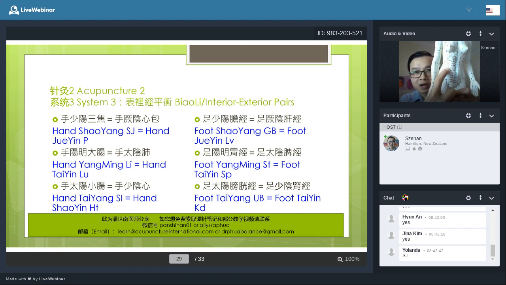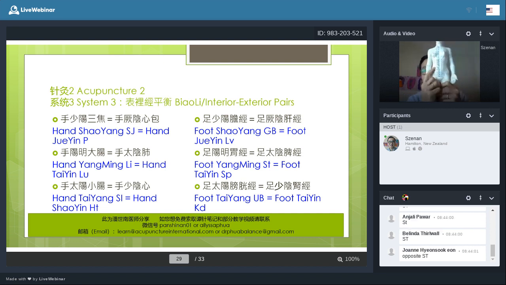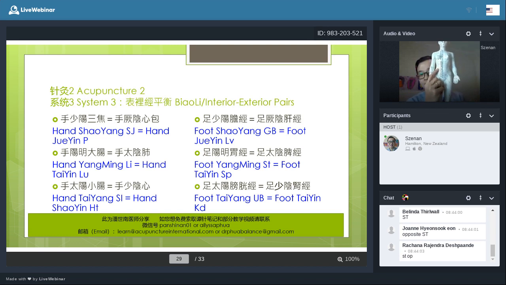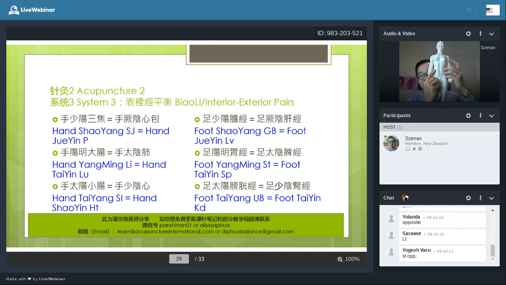When you type it out, you need to let me know which side to needle. That's good. You're all correct. Which side to needle? This is the right side. Yep, the opposite side of the stomach meridian. That's great. Left side. And some people say lung, you're right too.